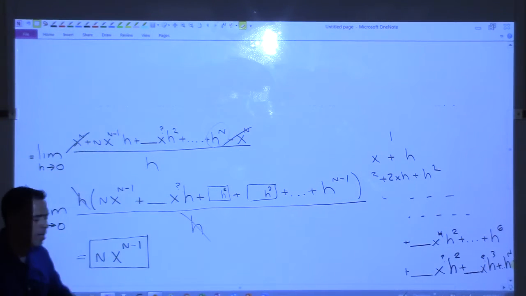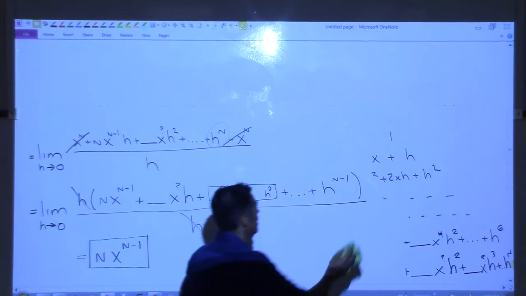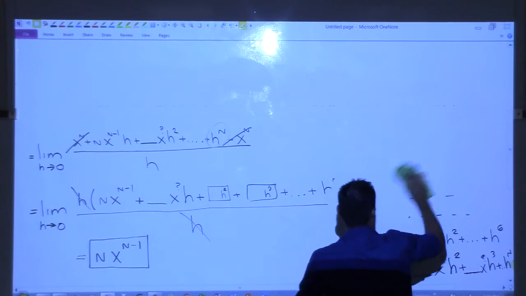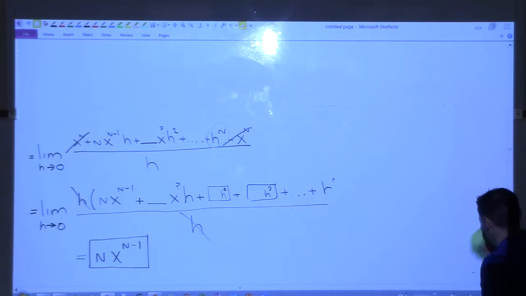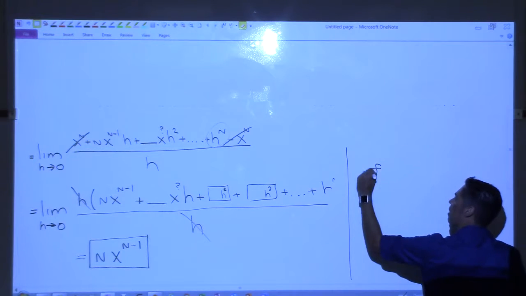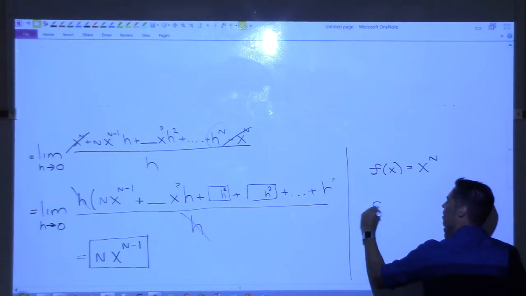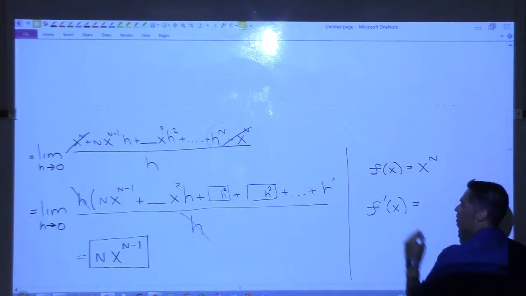And is that a formula? Yes. The formula is, if you're ever trying to take the derivative, if you ever want to know what the derivative of x to the n is. So if someone starts with a function, f of x equals x to the n, and you want to know what the derivative is, well, guess what it is?